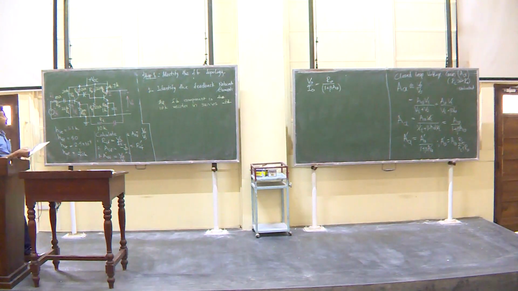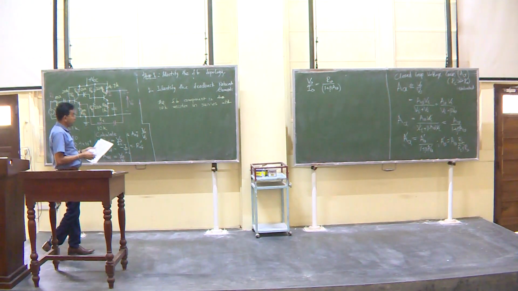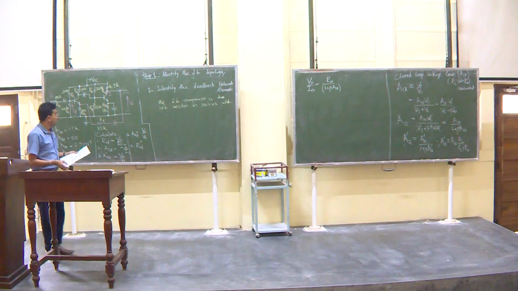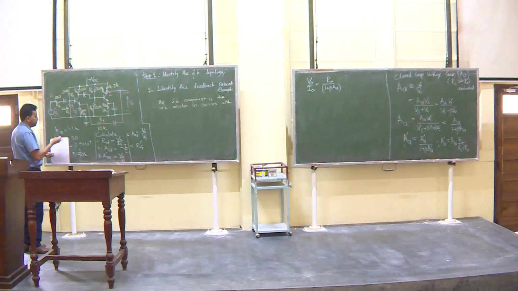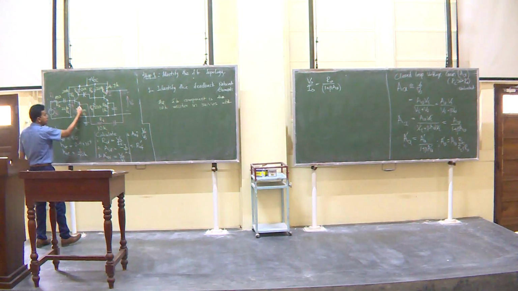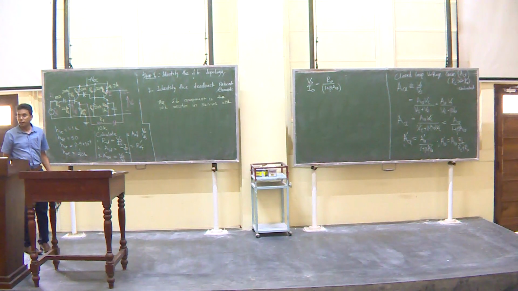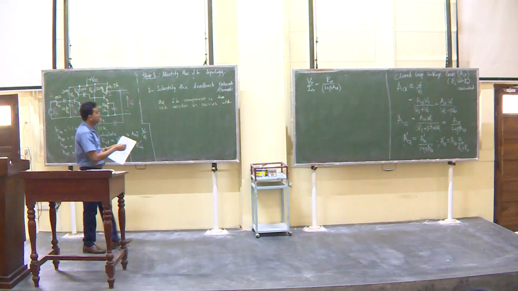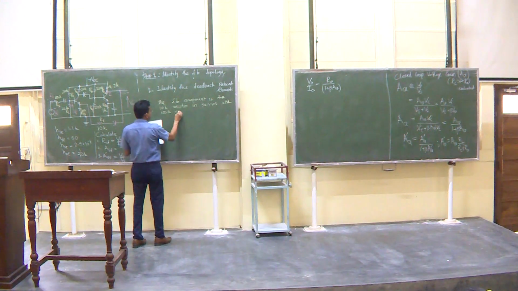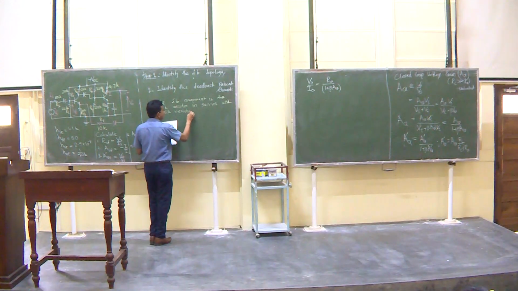Right. So, in solving this, the first step I said was identifying the feedback network. The feedback network in this example consists of this resistor RF in series with this resistor RE1. So, the feedback current goes through that in series with this 100 ohms resistor RE1.